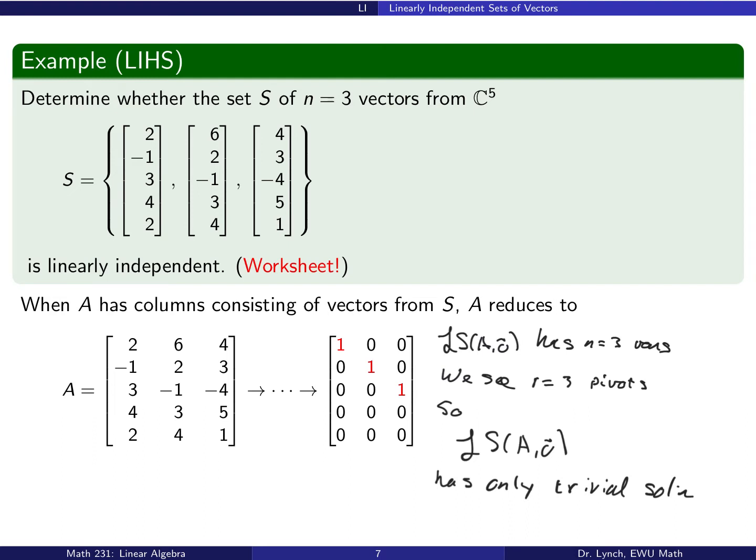Again, when the homogeneous linear system has only the trivial solution, we know that the vectors in the set S corresponding to the columns are linearly independent.